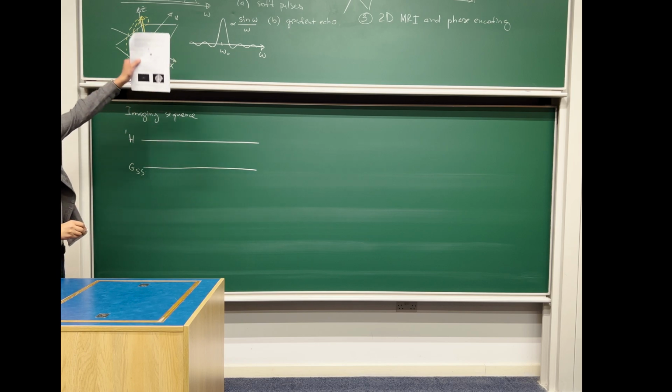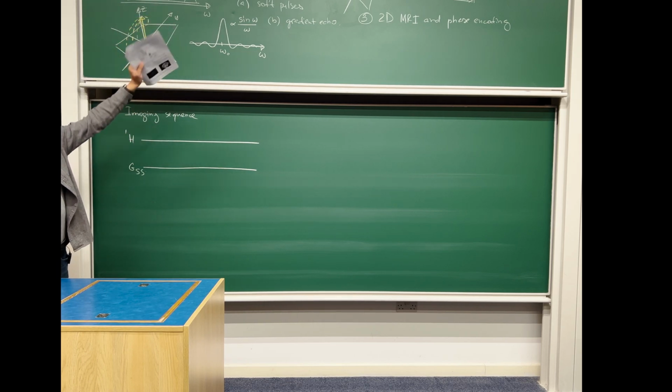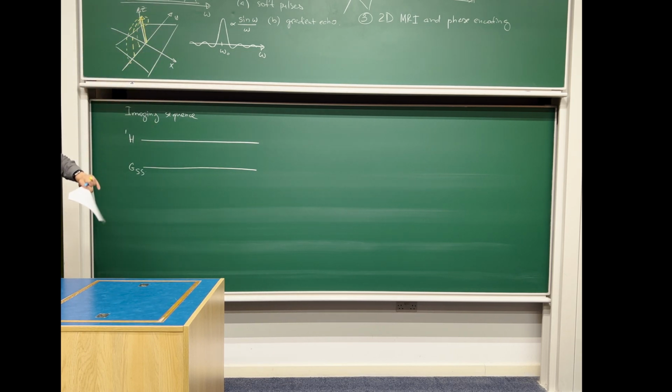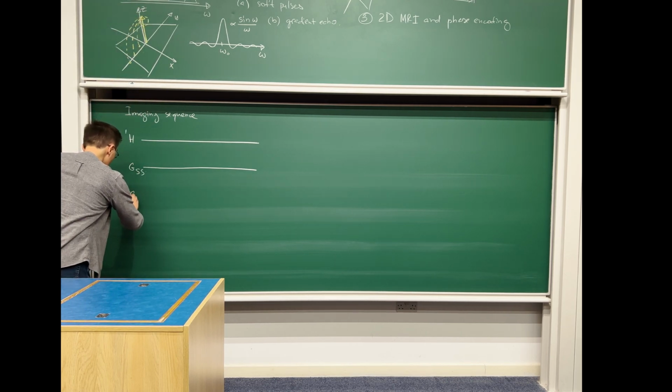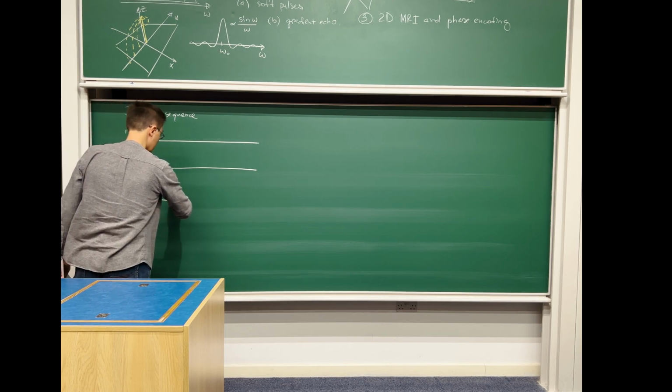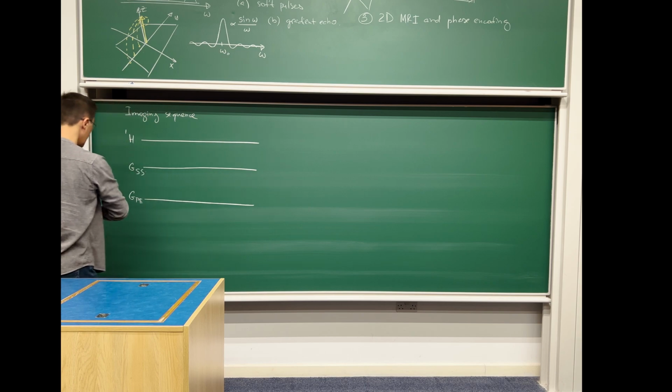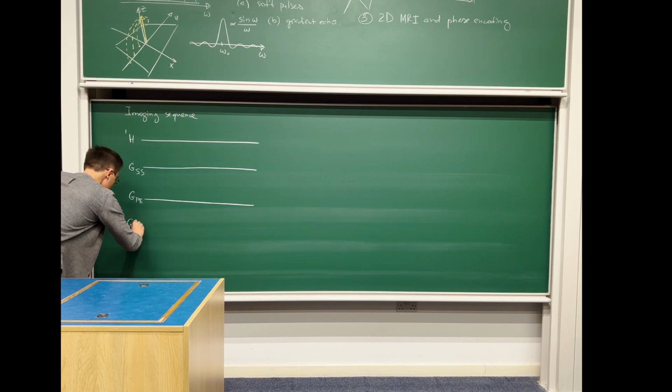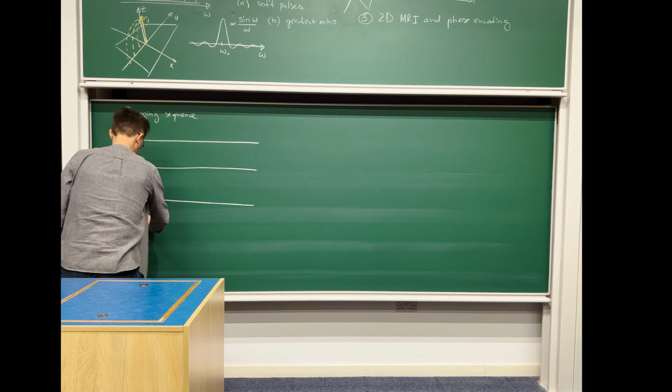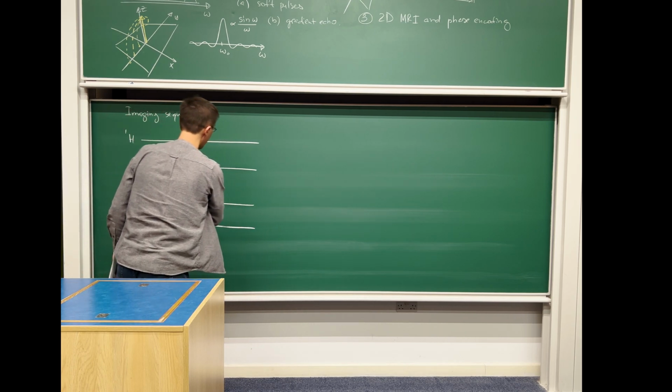And we have gradients in 2 perpendicular directions. So if our slice selection was in X, our slices are in the YZ direction. So one is called phase encoding, and I'll explain what that is in a moment, and the other is called frequency encoding. And that will also be explained.